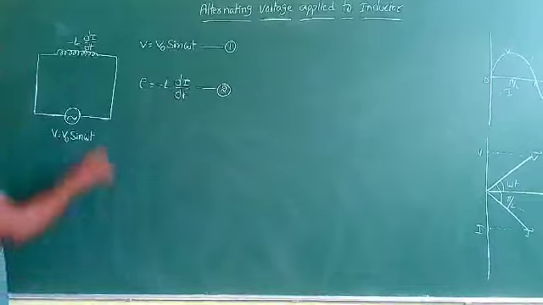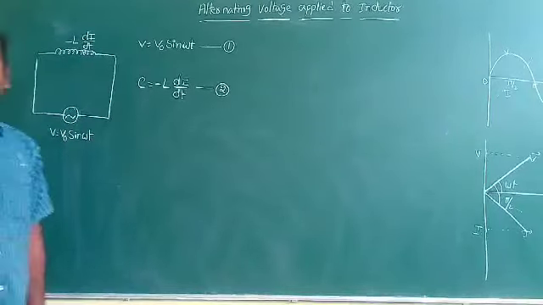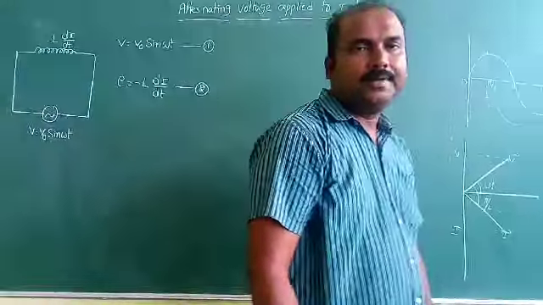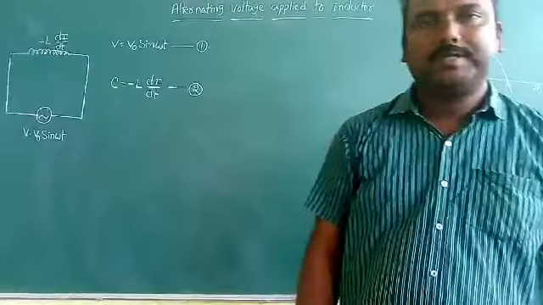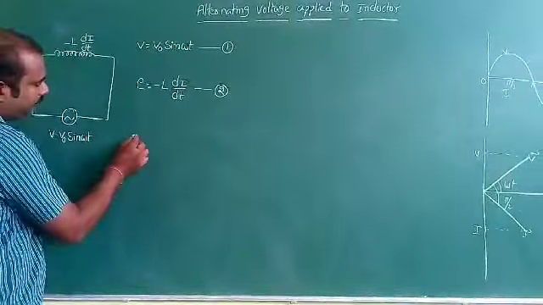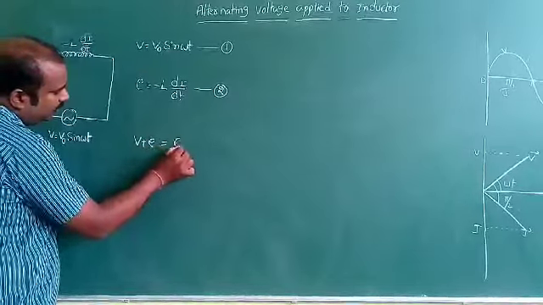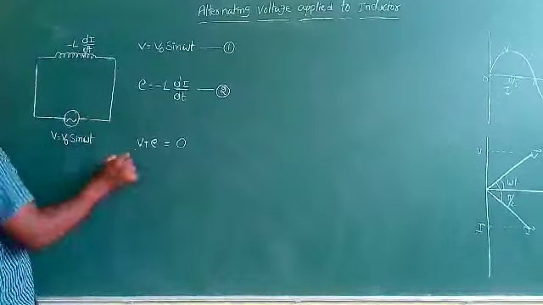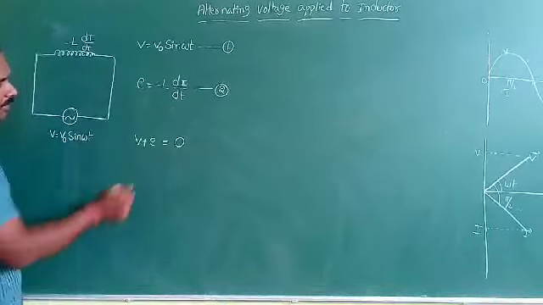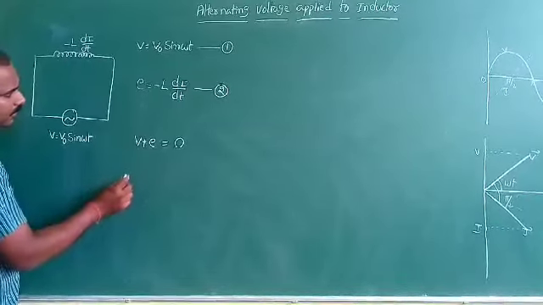If I apply Kirchhoff's second law, the sum of the potentials and EMFs across a closed loop is equal to 0. Then V plus E is equal to 0. Substituting 1 and 2 in this equation, how will it be?